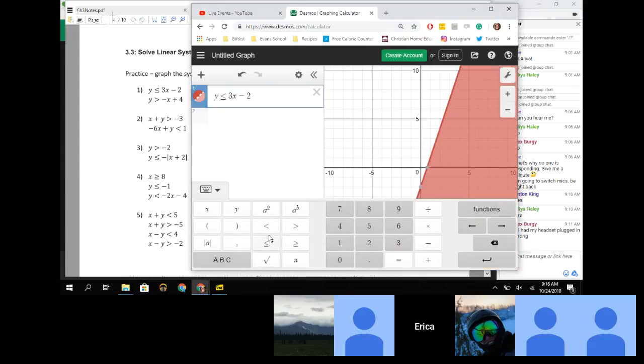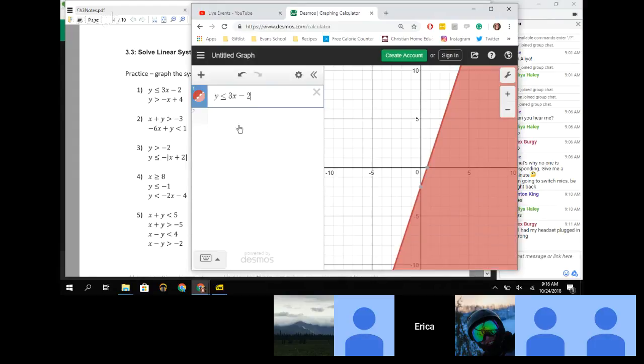I can use the symbols under the keyboard, or I can just type it on my keyboard, and right after that I type the equal sign. As soon as I hit the equal sign, it puts that underneath my inequality.